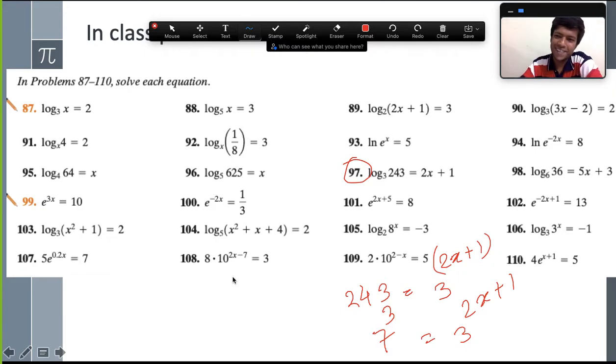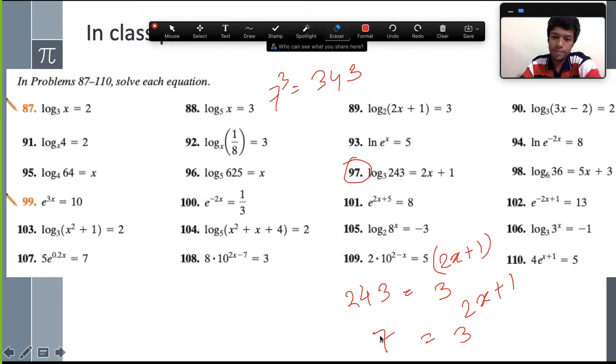See, is this correct or not? Oh, 7 cubed is actually 343, not 243. Even if it is 243, still this math will not work because the base is different. We have to make the base the same.